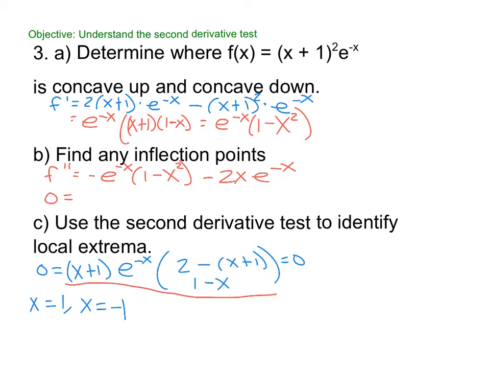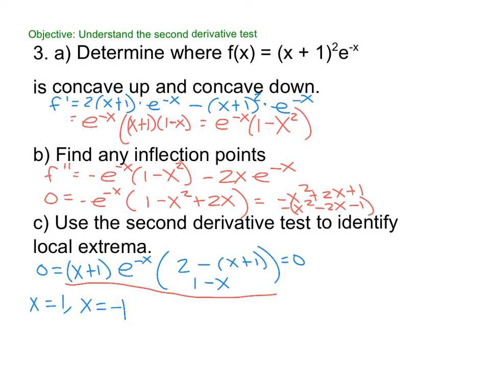Set that equal to 0, pull out the e to the negative x, and pull out negative 1 minus x squared plus 2x. That is negative x squared plus 2x plus 1. Negative x squared minus 2x minus 1.